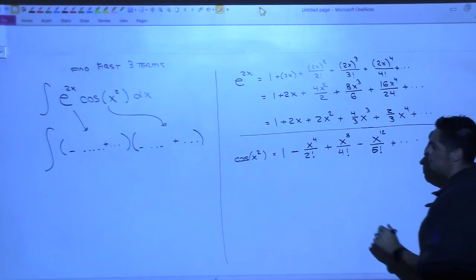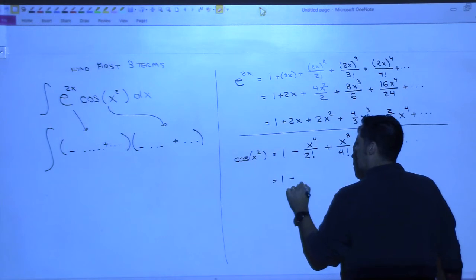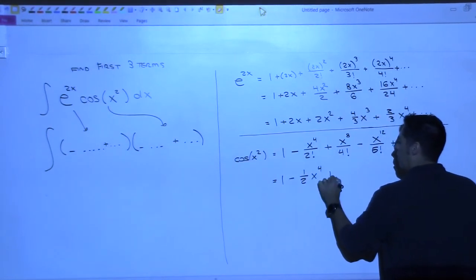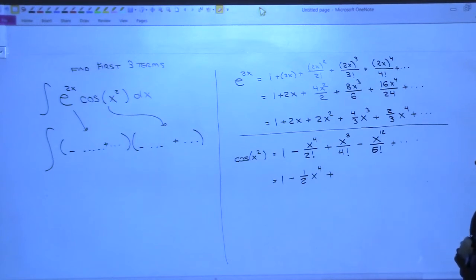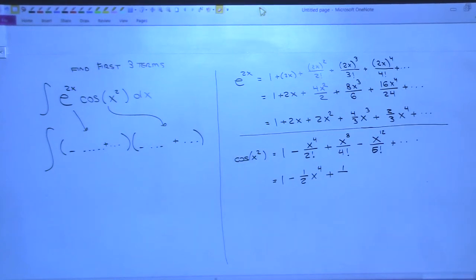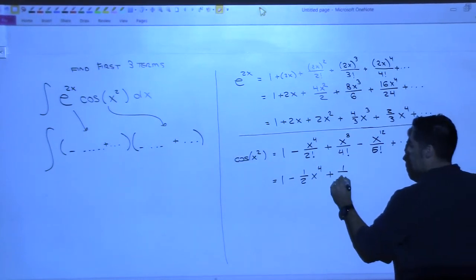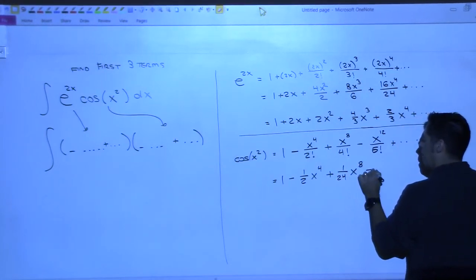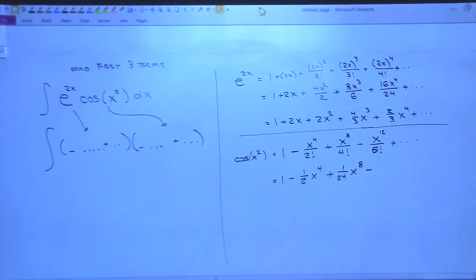Let's clean this up. 1 minus 1/2 x to the 4th plus, 4 factorial is what? 24. X to the 8th minus, what's 6 factorial?